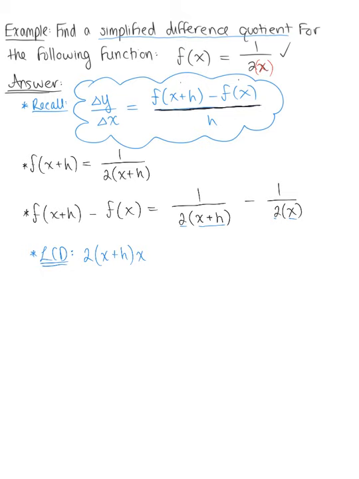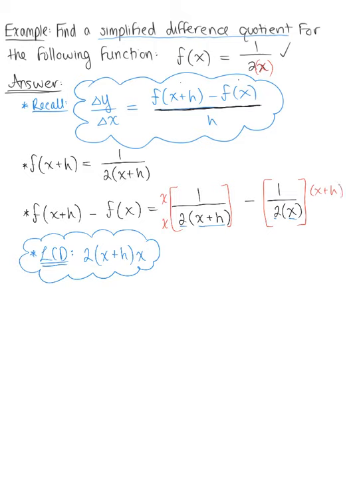In order to combine these two rational expressions, we need to create this common denominator amongst these two rational expressions here. So for this first term, we notice the only thing that's missing from this denominator is x. So we multiply the top and bottom by x. And with the second rational expression here, we see the only factor that's missing is x plus h.